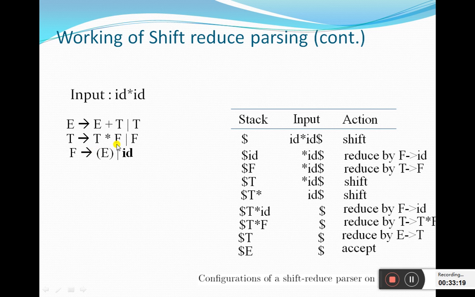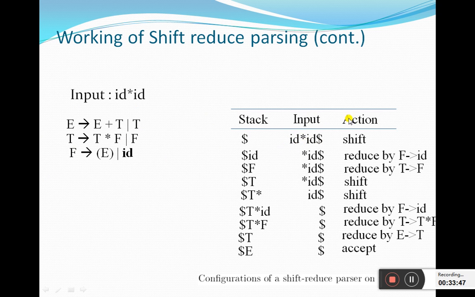This is the same grammar again, and using this grammar I can derive this string, or I can construct a parse tree for this string successfully. Therefore this is a valid string. Let's see how the shift reduce parser works. Initially we have a stack with the dollar sign, the initial configuration. The input is w dollar sign, where w is nothing but id star id.